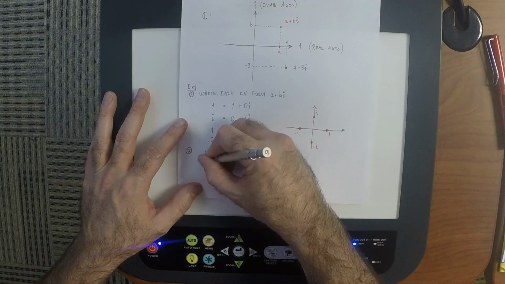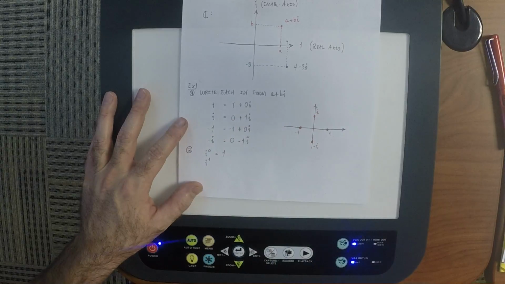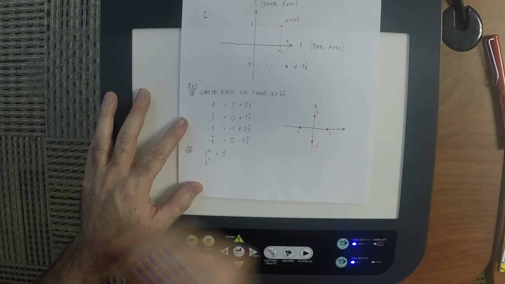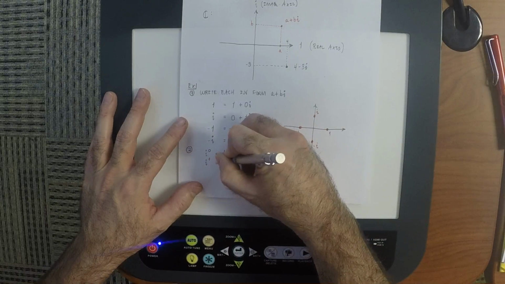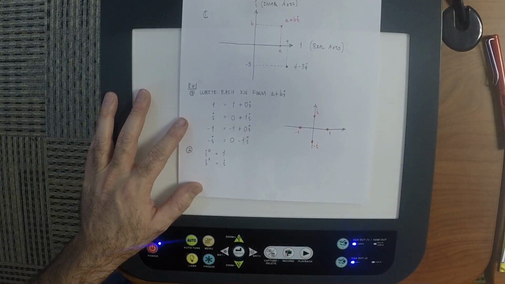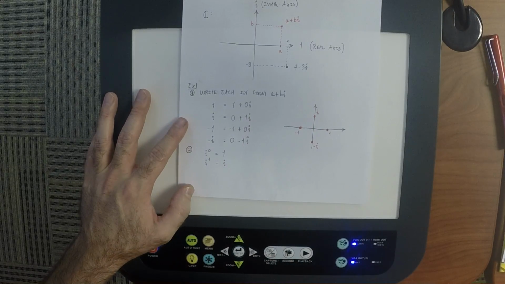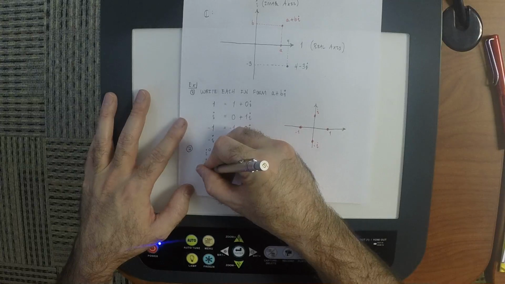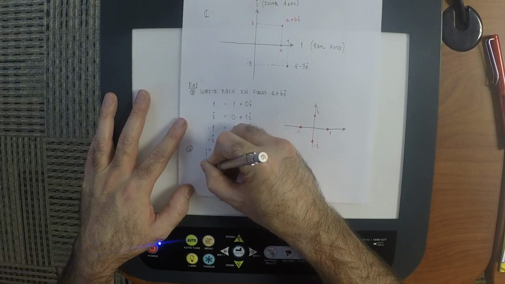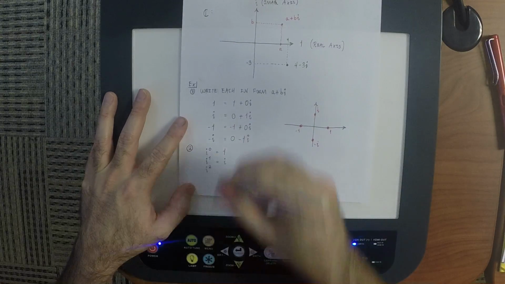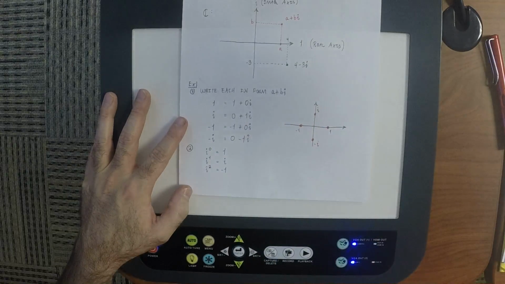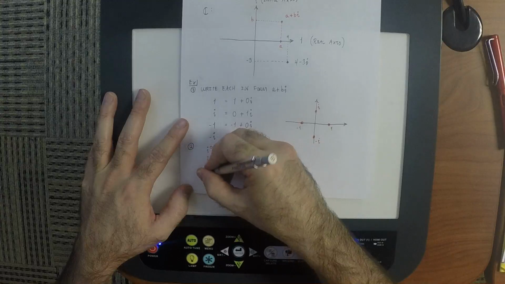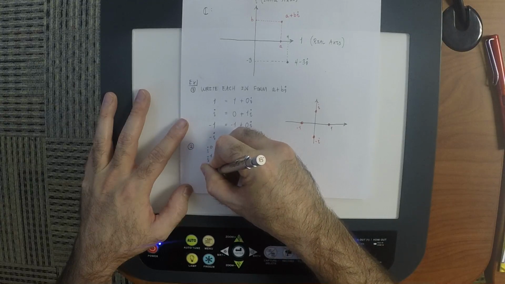Okay, how about what's i to exponent 1? It's just i, right? Okay, how about what's i squared? -1. That's straight definition, right? Then how about what's i cubed?